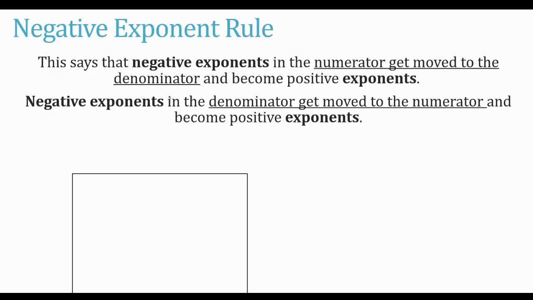Negative exponents in the denominator get moved to the numerator and become positive exponents. When we're simplifying these expressions, you're only going to move the variables that have negative exponents. Positive exponents and coefficients stay where they are unless there are negative exponents involved. We're going to take a look at that when we do some examples.